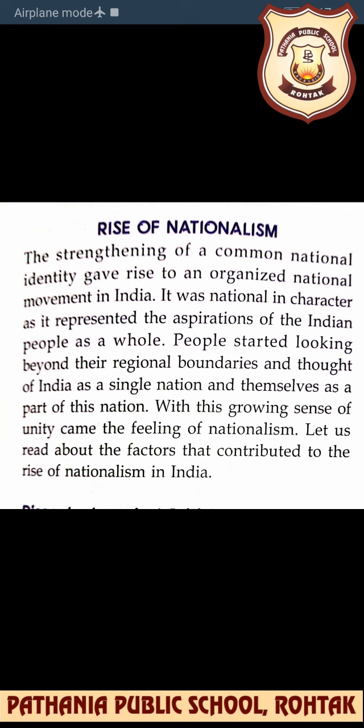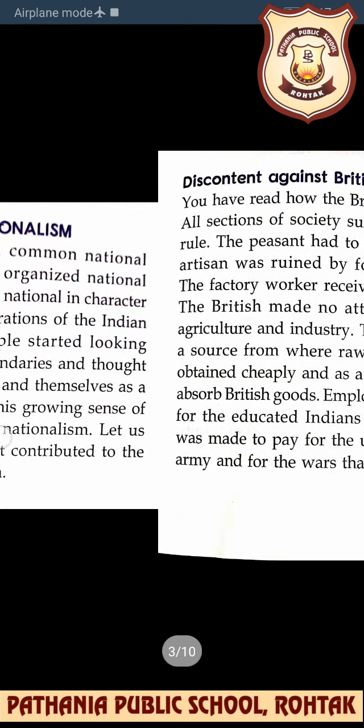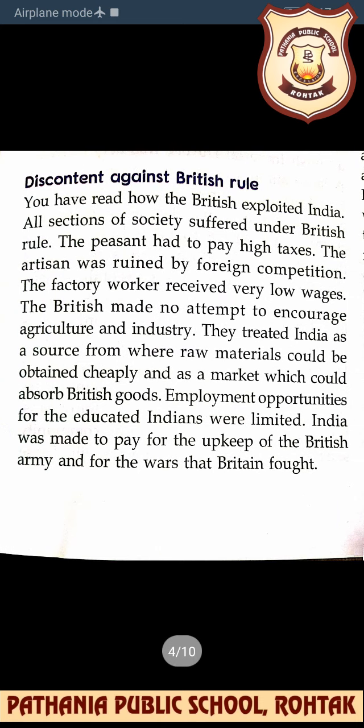As you know, beta, the very first factor given here is the discontent against British rule. It means dissatisfaction against British rule. Every category of Indian people was exploited as well as ruined by the colonial government.